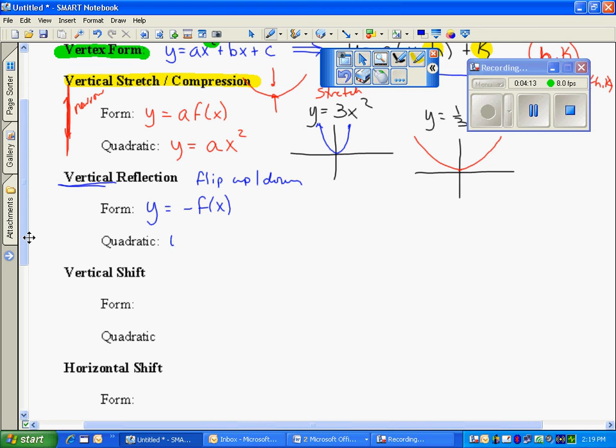In a quadratic, it would have a negative value out in front, like that negative a. So it would take my standard y equals x squared, which I like to just call standard, and as soon as I put a negative on there, it's going to flop downward. It reflects it up and down.